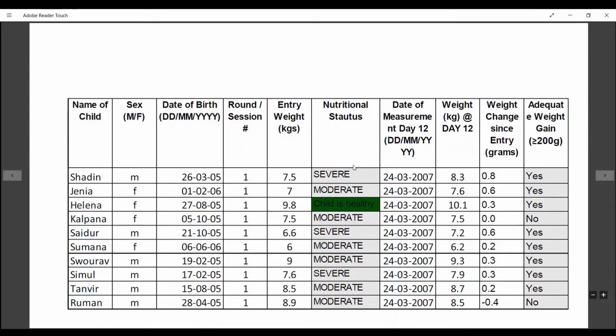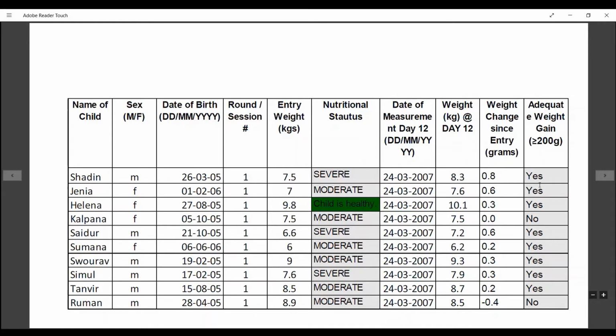We can see on the nutrition status that for child number 1, Shadeen, the nutrition status was severe. We can see for Elena, child number 2, the child was healthy and should not be admitted into the PDH. On the right column, we can see if the child has gained adequate weight after 12 days.